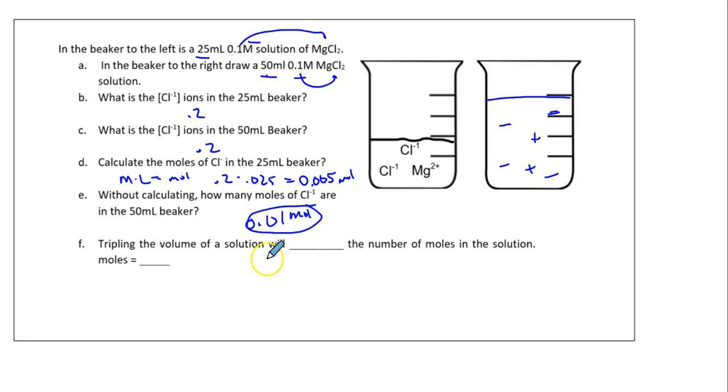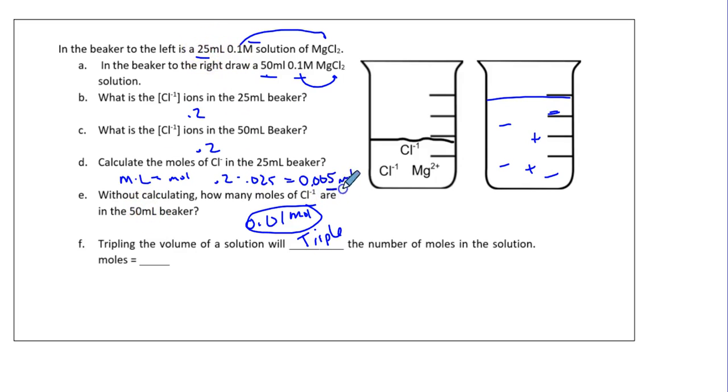Tripling the volume of the solution would triple the moles in the solution. So we're going to take our original, which is 25 milliliters.